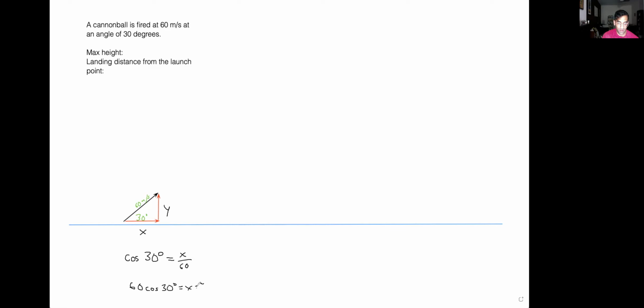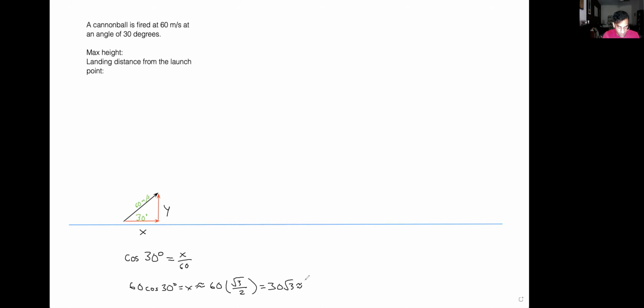Now I happen to know that the cosine of 30 degrees is the square root of 3 divided by 2. When I multiply these together, 60 divided by 2 is 30. So I get 30 times the square root of 3. And now is where I should have used my squiggly equal signs to say an approximation, because I'm going to round off.